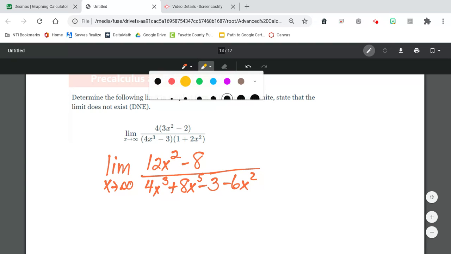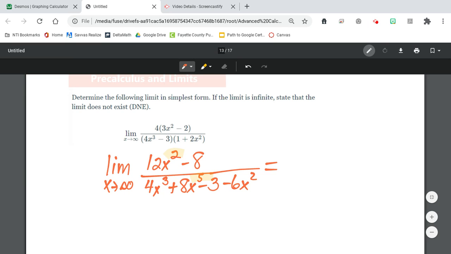Okay, then I'm going to know, let's see, my degree on the top is 2, degree on the bottom is 5. So the degree on the bottom is larger than the degree on the top, which means there's a horizontal asymptote at 0. So my limit as x approaches infinity will be 0.